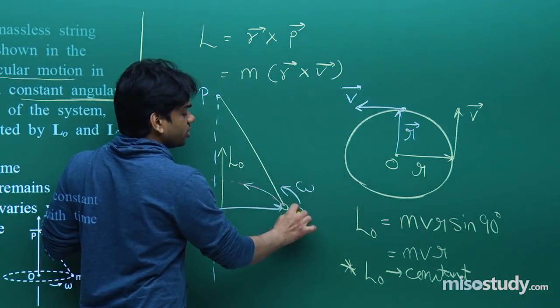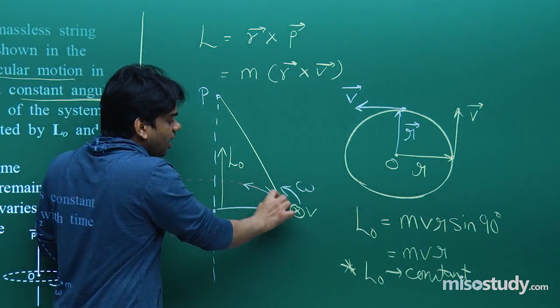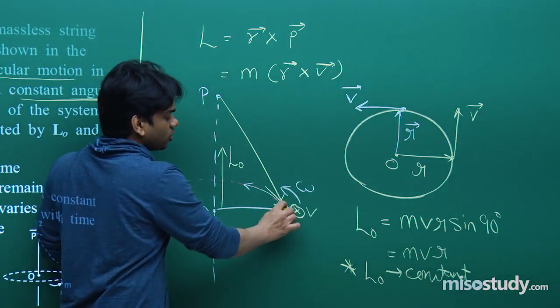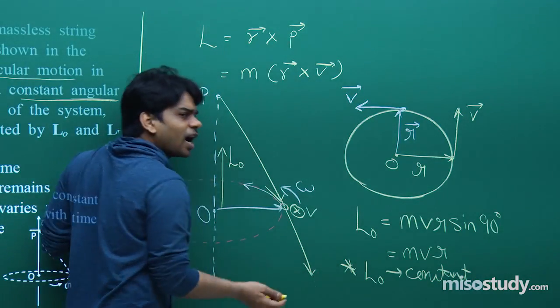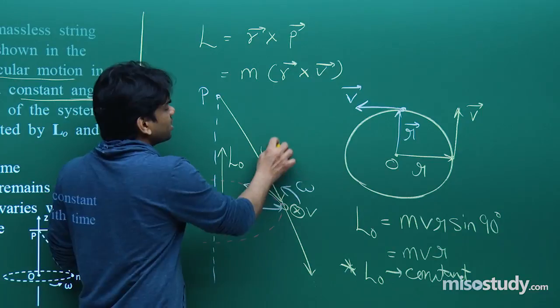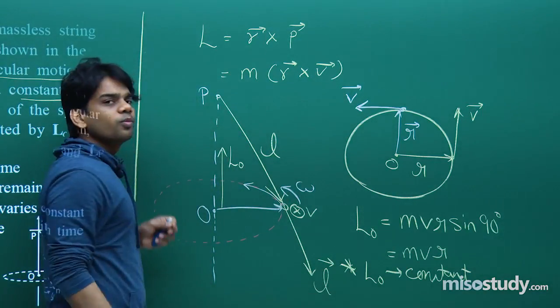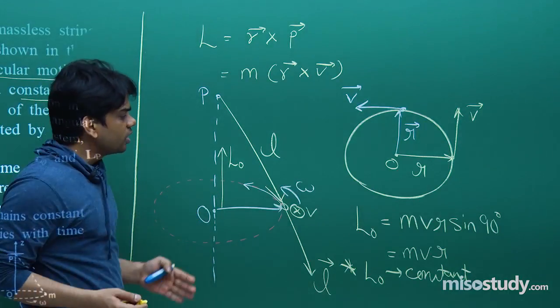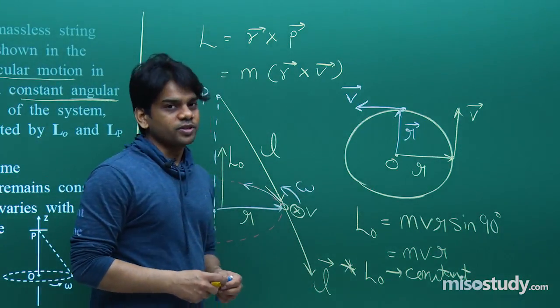This is the r vector here in this case. So let me extend it. Let me use r dash vector, or let's say its length is L. So let us use this as L vector, to differentiate between the r that we have used in this case and the L we are using for this vector.